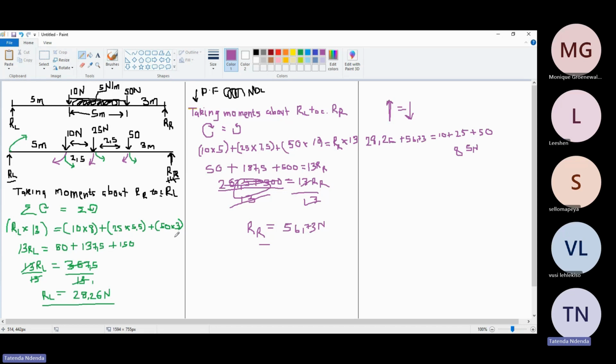Okay, and the other one now is going to be 10 by 5 plus 25 by 7.5 plus 50 by 10. Dividing this one by 13, we get 56.73.